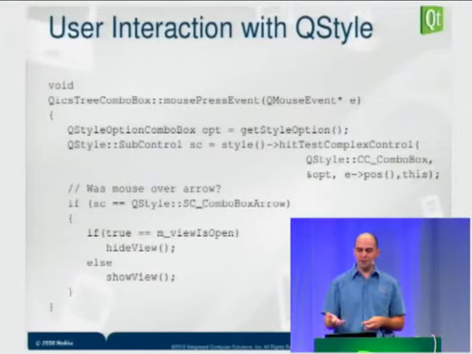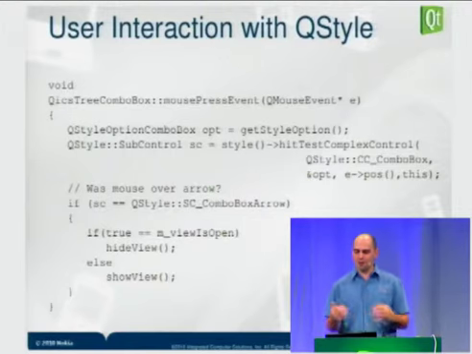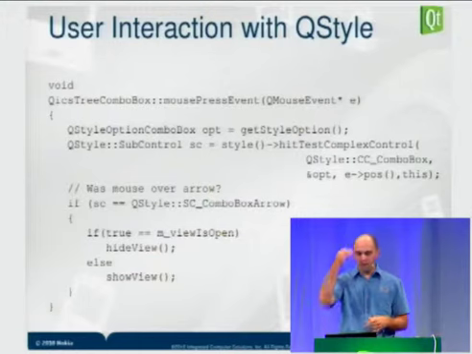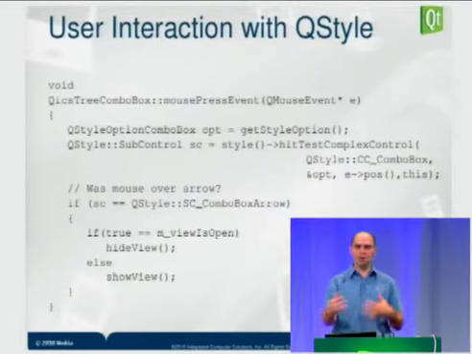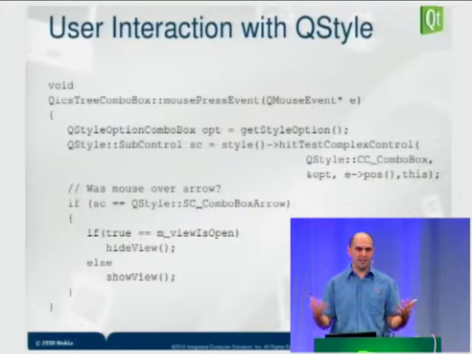And we use a function from the style called hitTestComplexControl. So for this complex control, simply tell me which subcontrol my mouse is under. And if the style tells us that the mouse is under the arrow, then we either open or close the view based on its last state.